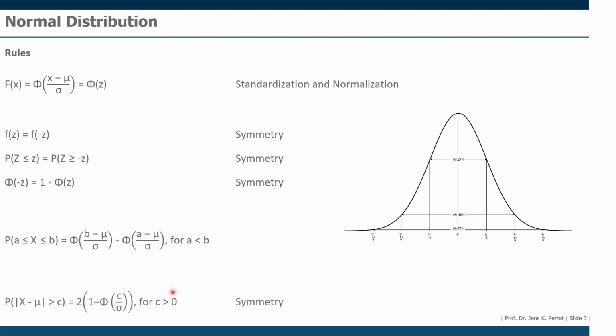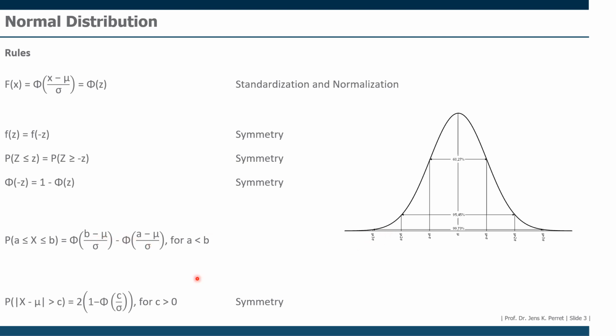Then finally, there's this one rule which also uses symmetry. If I'm going to calculate, for example, the probability of being larger than that one or smaller than that one, and those two values being equally wide away from the mean, then we can use a slightly even easier version of this formula, because then those two values after slight reformulations will be exactly the same.